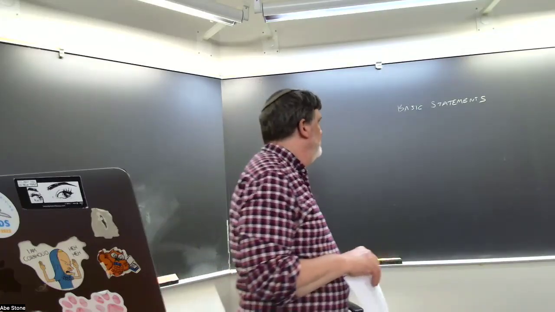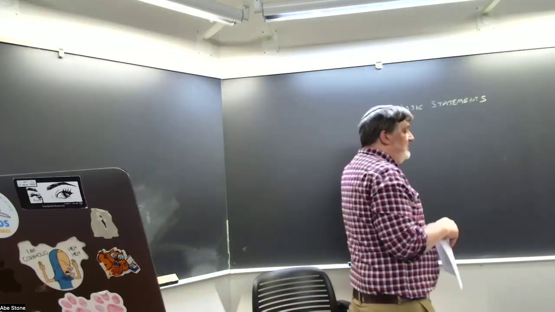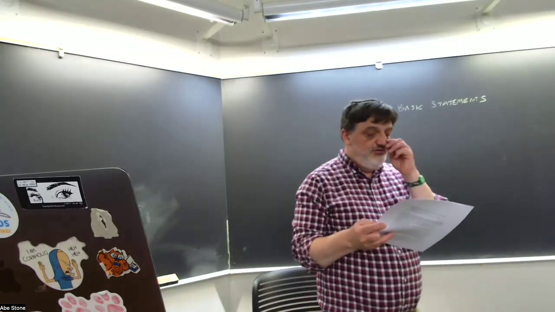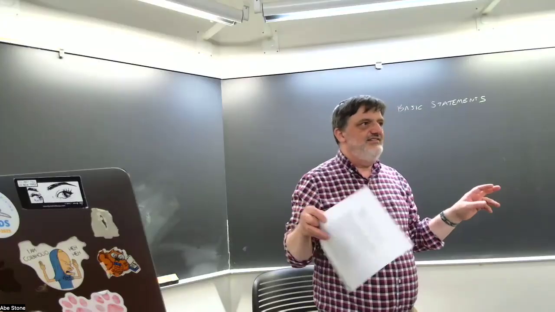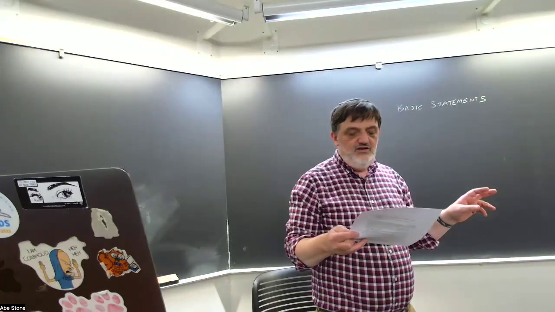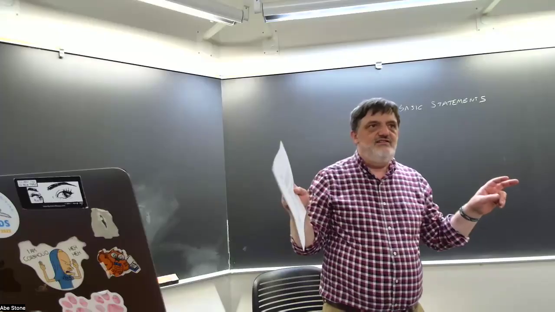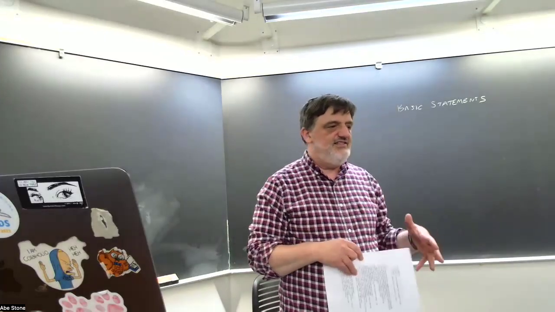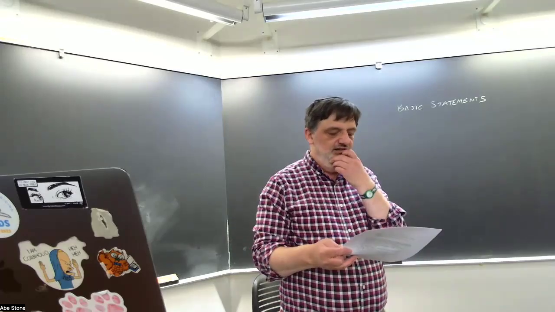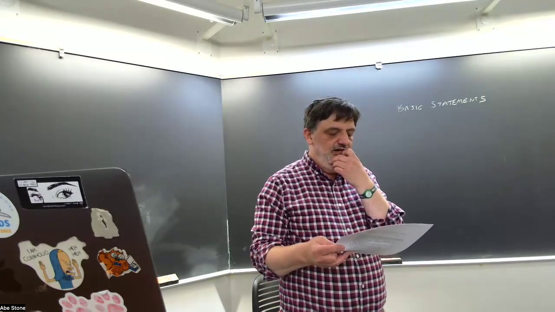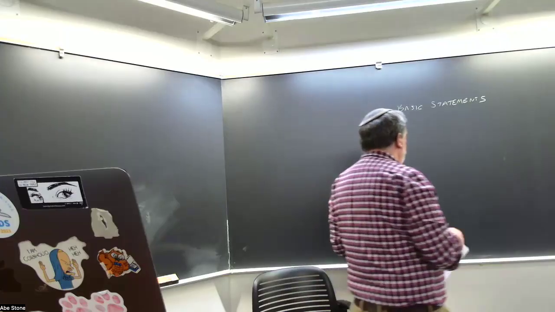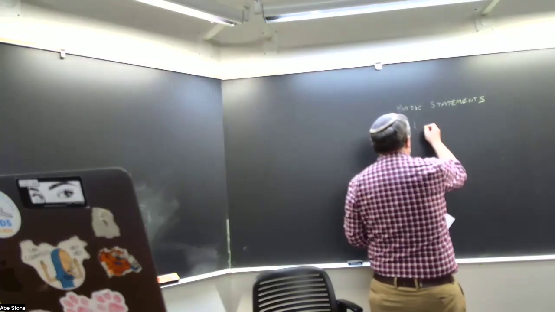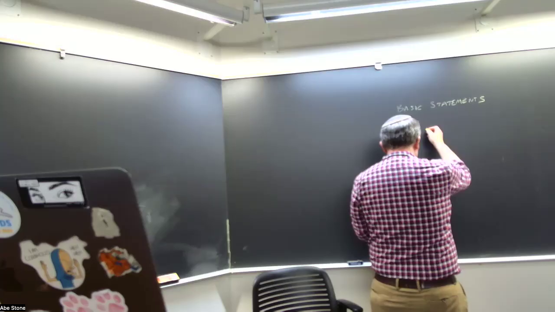So basic statements correspond sort of to protocol sentences, or observation sentences, right? These are the sentences that are going to be used to test scientific theories. And just to introduce this one more time, they're going to be used in two different ways.